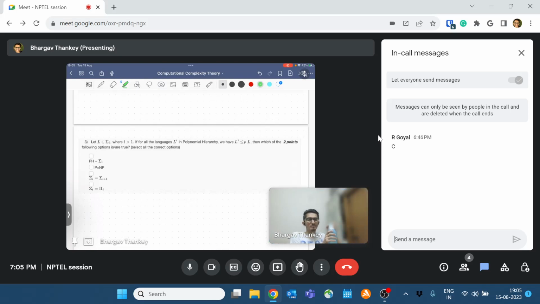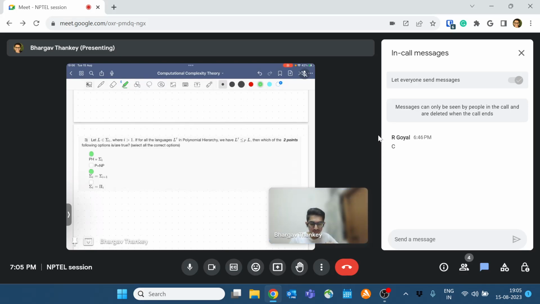I think that A and C are correct. A is correct, and C will also be correct, sorry, not B, C. So why is B not correct?